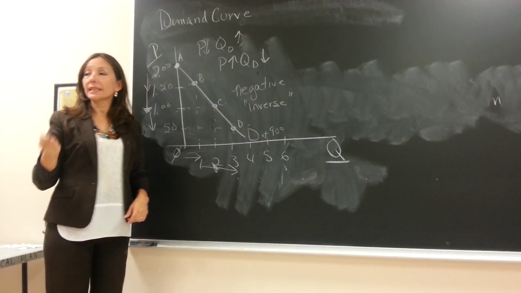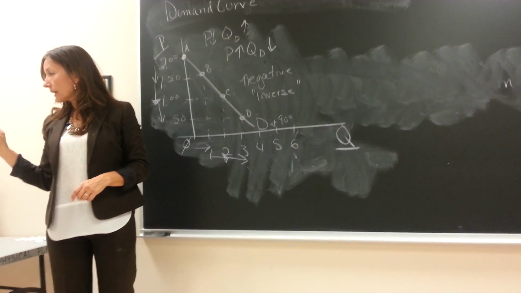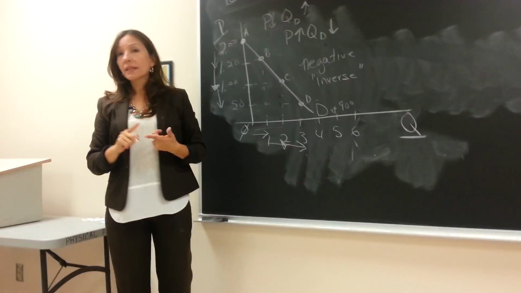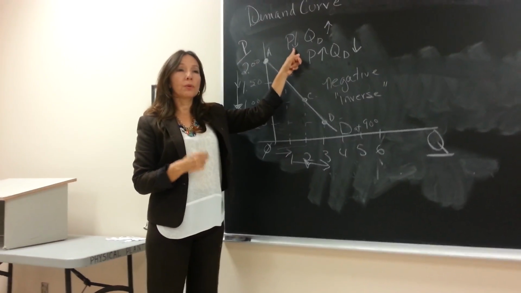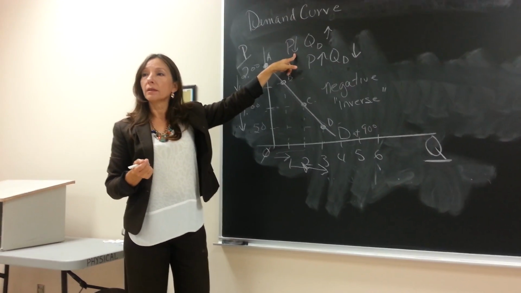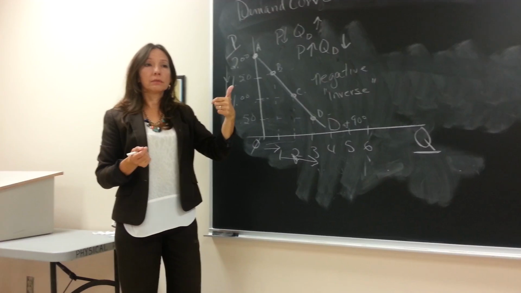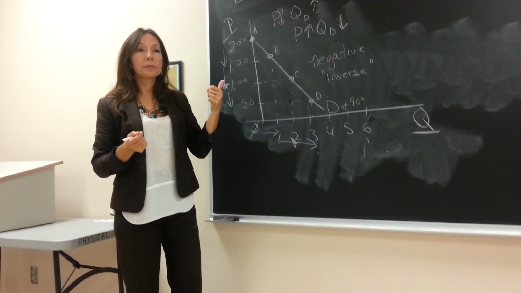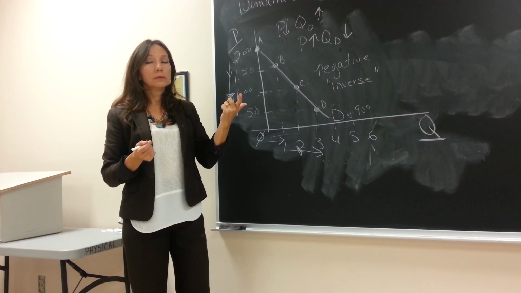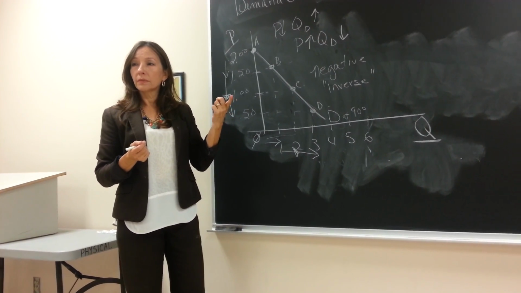Now the way you're going to see it on your exams, and this is kind of important, anything that's related to quantity is going to be related to price. So what are some other terms for the word quantity? Amount. Amount. What else? So, total. What else? You guys have smartphones, right?